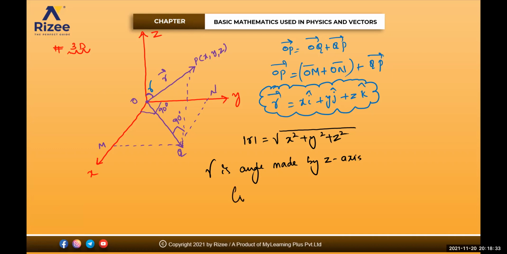So how much is cos gamma? From the triangle, cos gamma will be equal to PQ divided by OP, this vertical component divided by your OP. That will be equal to Z divided by R.